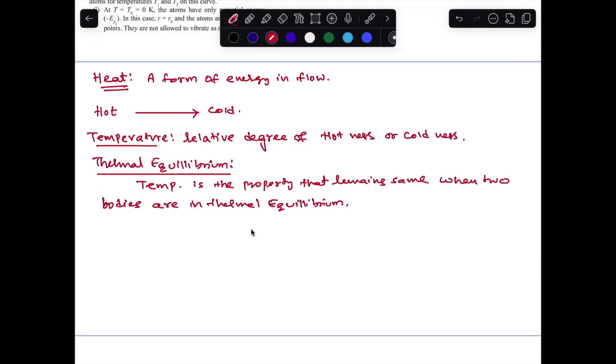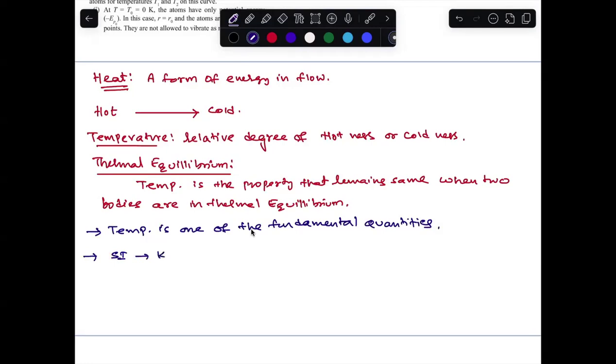See, please note that temperature is one of the fundamental quantities that we have. Remember, in the SI system, the unit is Kelvin.